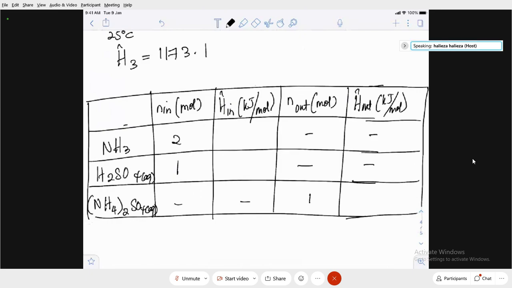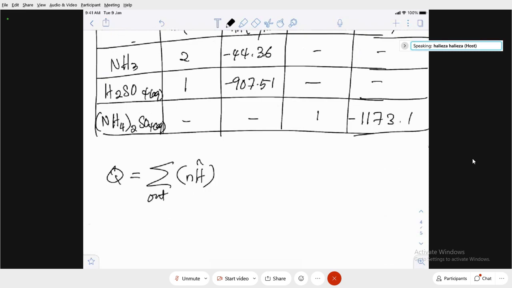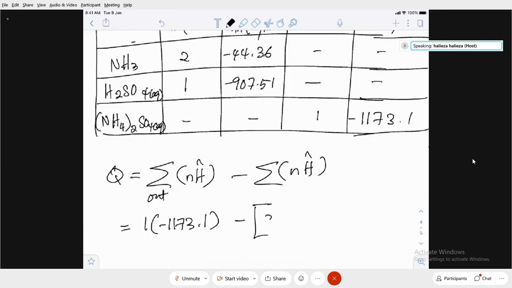So the values that we have just now, we have minus 44.36, minus 907.51 for the enthalpy that we just got, minus 1173.1. So if you do the final calculation using the heat of formation, out minus in, I'm rushing through. So let's do it. Minus 1173.1, so that's your out, minus your in.